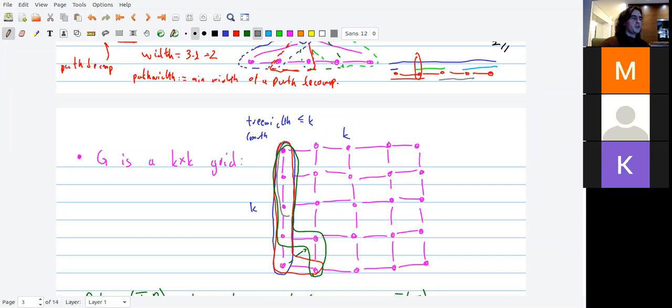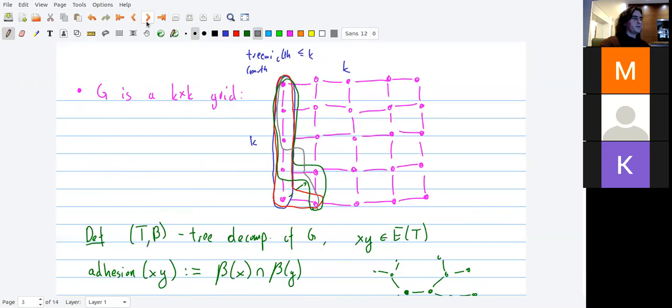Next, I can jump further and make a bag consisting of those vertices, and so on until I finally sweep the whole first two columns. I get a bag like that, and then I can continue with the next column. Then I start to process the next column from the bottom, and so on and so on.